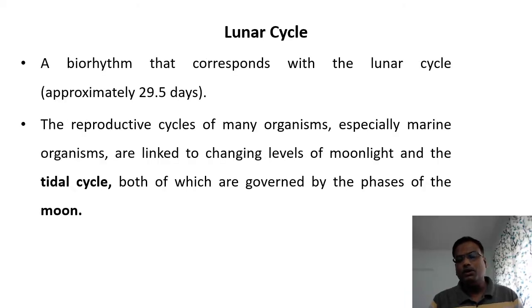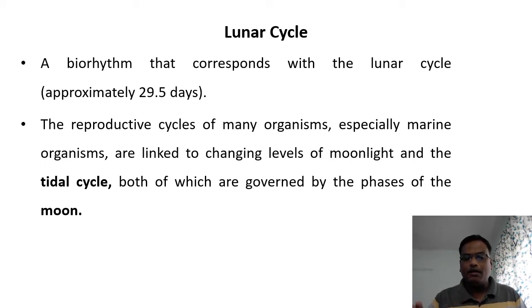Next one is lunar cycle, which is nothing but a monthly cycle, which is controlled by the changes in the moon. What is the moon cycle? Let us start with new moon, which is a completely dark phase, and then slowly the moon starts appearing, and after 15 days you will find the full moon day, where you can see the full moon with bright light.